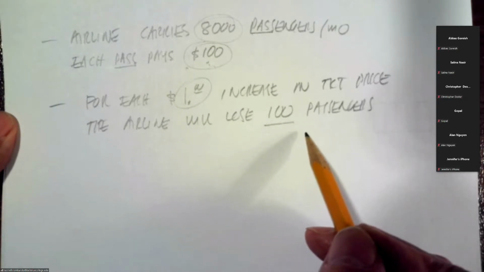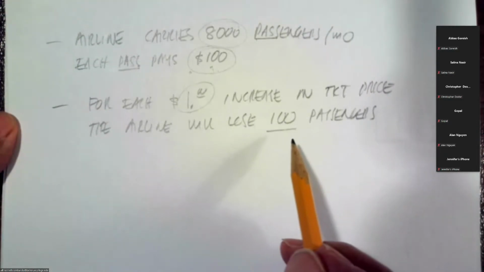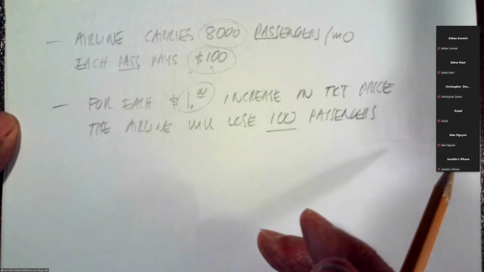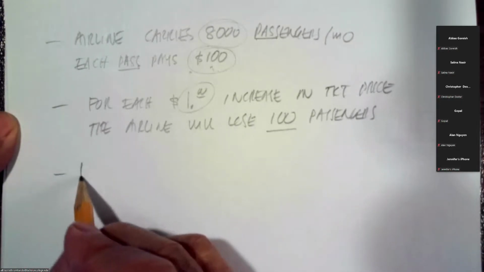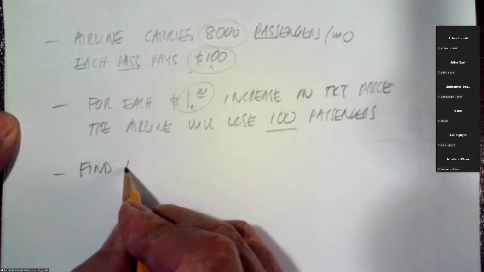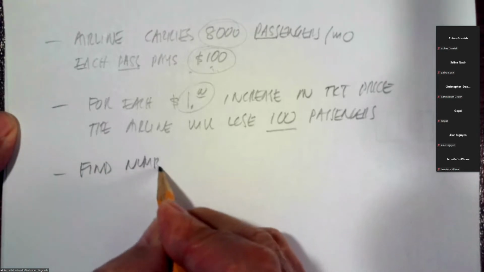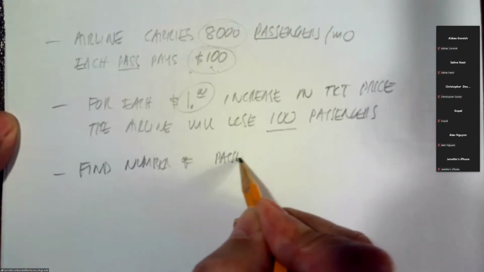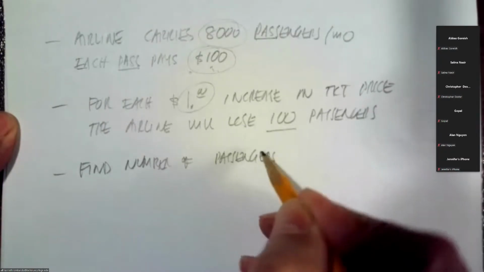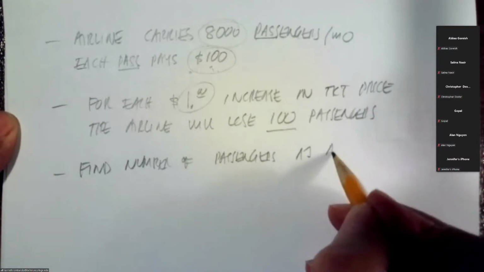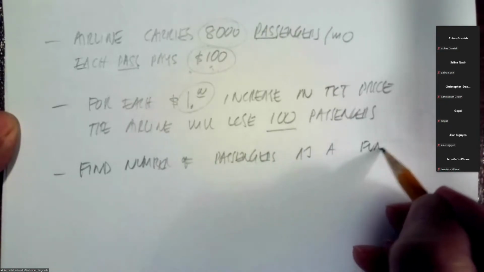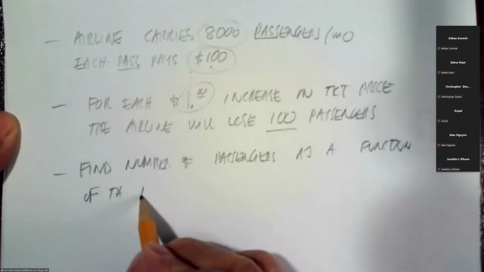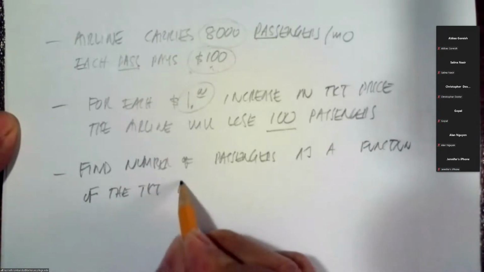So your boss comes to you and said, hey, you've been through all these courses and you've taken all this stuff. What I want to know is the number of passengers. So let's say I want you to find the number of passengers as a function of the ticket price.